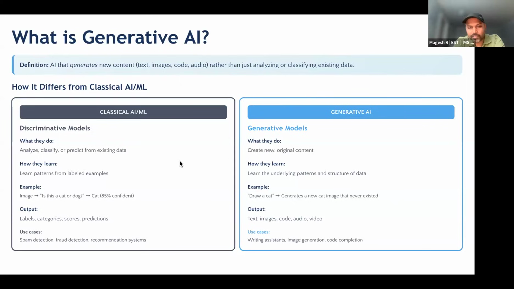The primary use cases initially were largely around writing assistance, image generation, code completion. But because it kind of knows everything, it is like a general purpose computer. Like you had specialized mainframe computers, and after that, general purpose computers simplified things. I see it as a similar analogy from classic AI ML to generative AI.